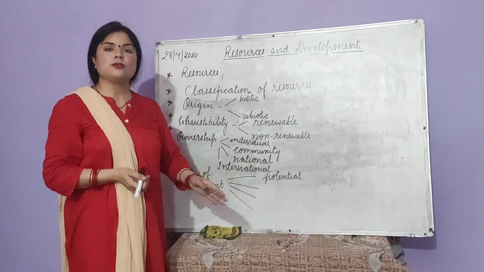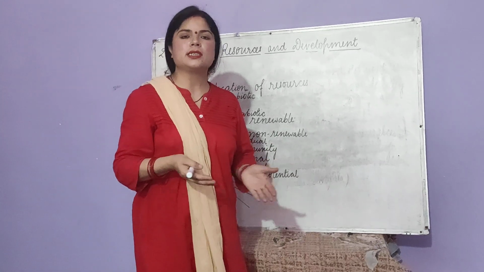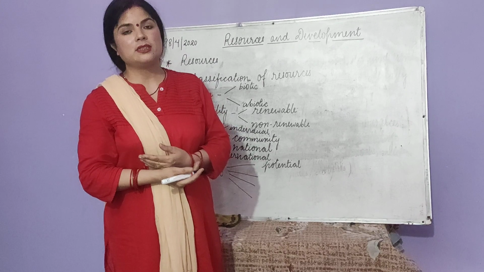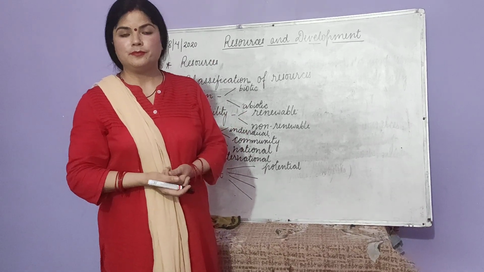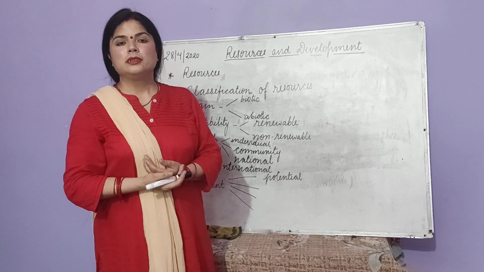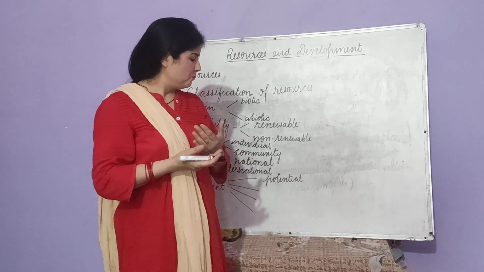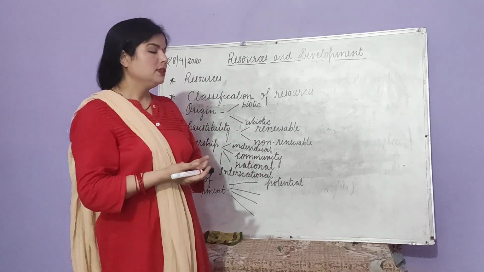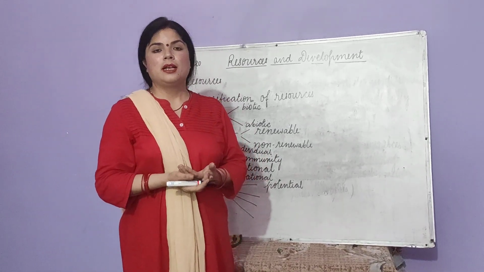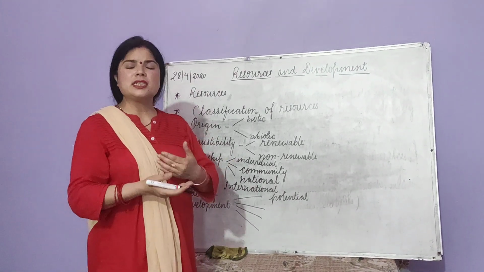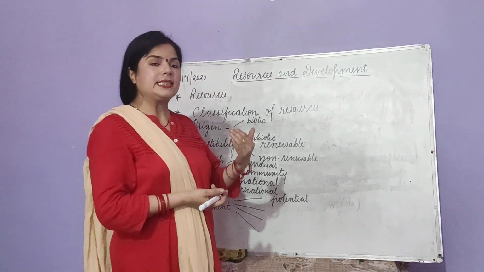Potential resources are those resources which are found in different regions, but we do not have the facility of technology to use them. For example, there are very good chances to use solar energy, wind energy in the state of Rajasthan, but we don't have sufficient and efficient technology to use these resources there.